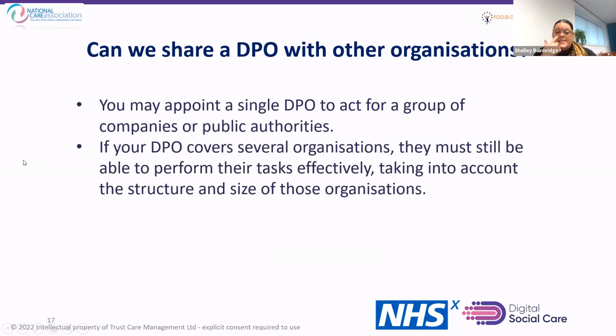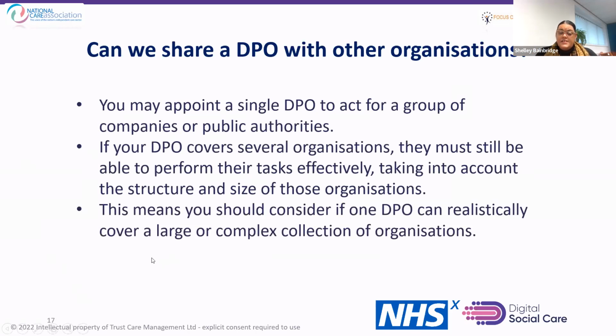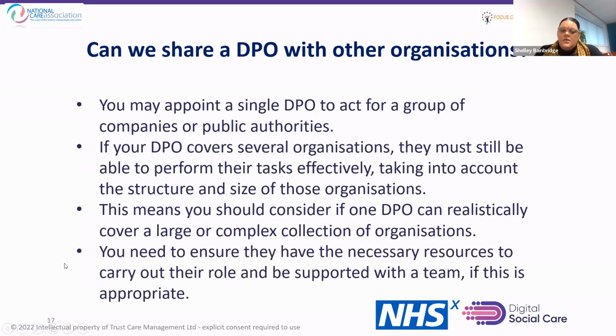If your DPO covers several organisations, they must still be able to perform their tasks, and it must be done effectively, taking into account the structure and the size of those organisations. This means you should consider if one DPO can realistically cover a large or complex collection of organisations. You need to ensure they have the necessary resources to carry out their role and be supported with a team if this is appropriate.